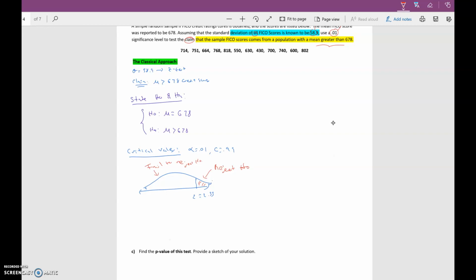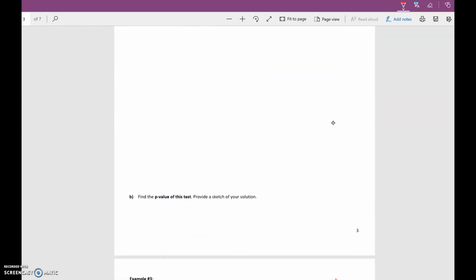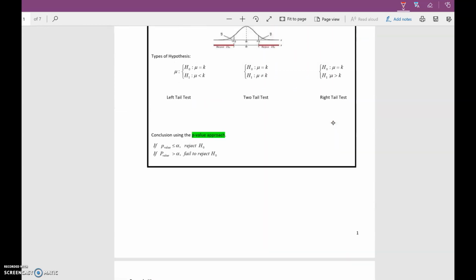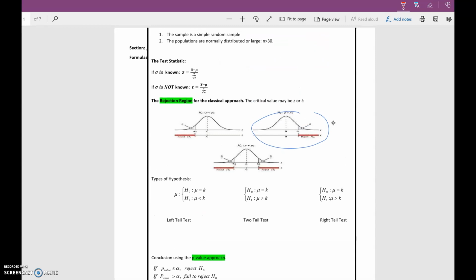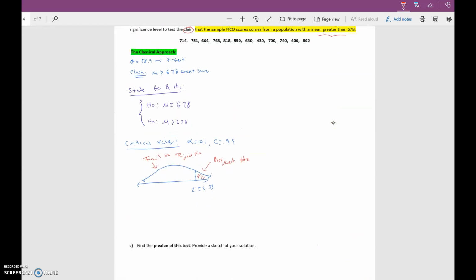Now, the next portion is your actual evidence, or in this case, the actual test statistic. Our test statistic is going to be this specific formula. So let me write it up.